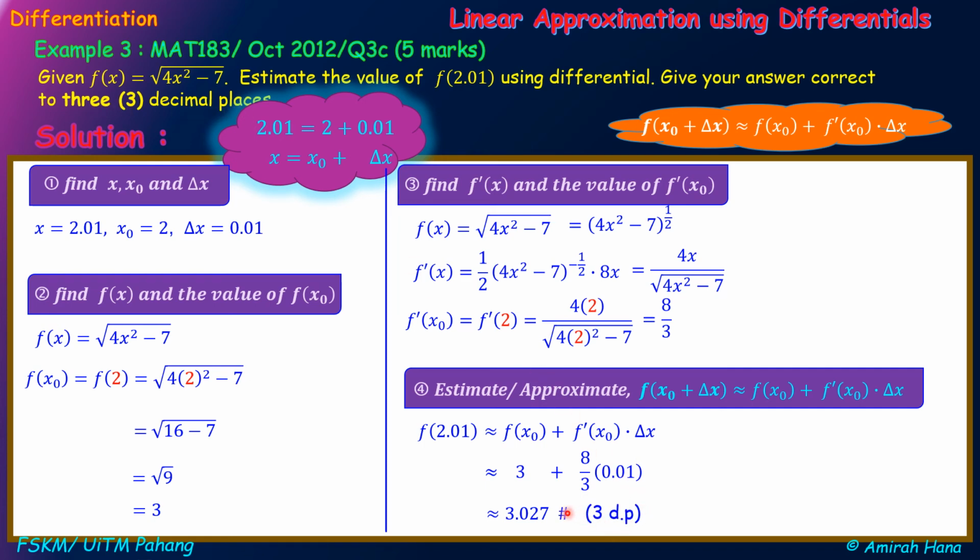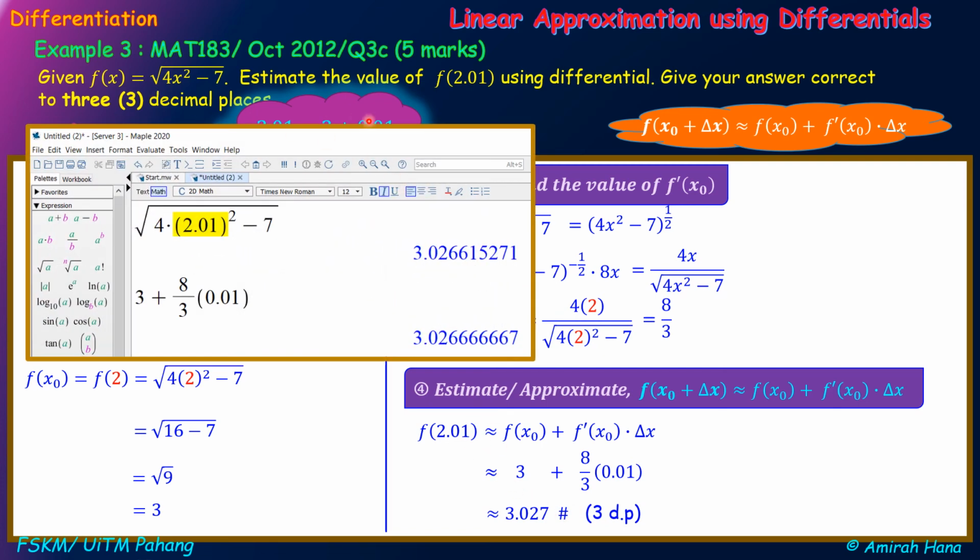We can check the final answer using a calculator, or you can use Maple or Symbolab. From f of x equals square root of 4x squared minus 7, we just replace x by 2.01 to check the final answer. Using a calculator or Maple, we get the final answer 3.0266 something.